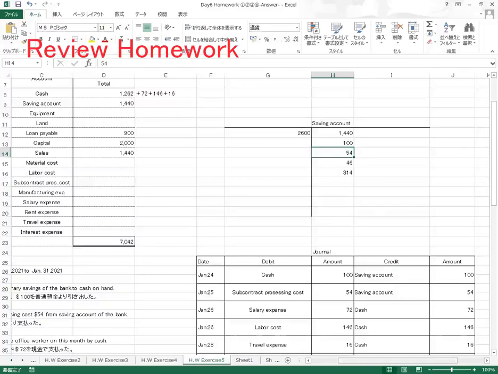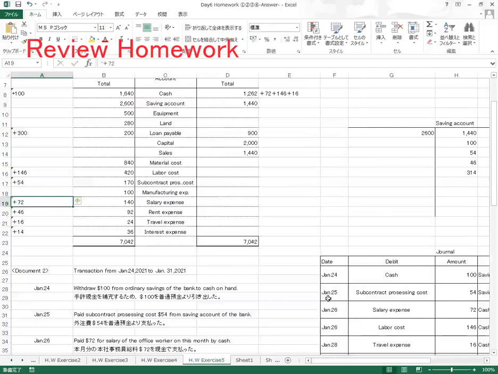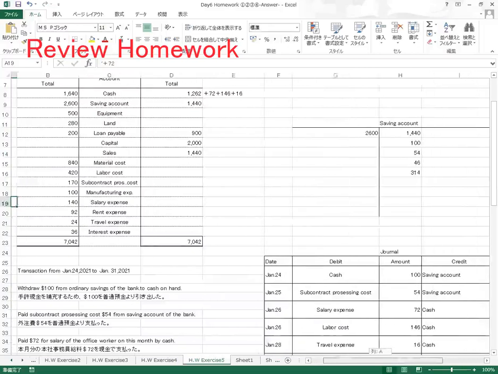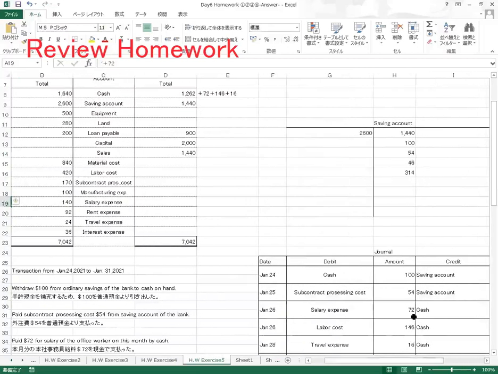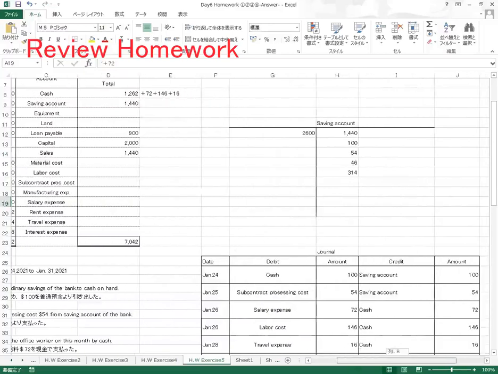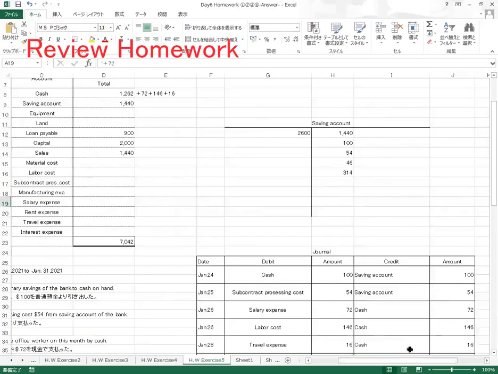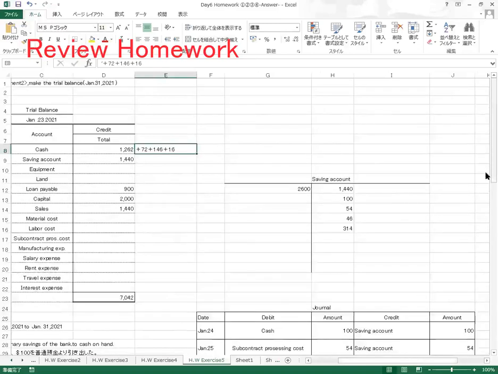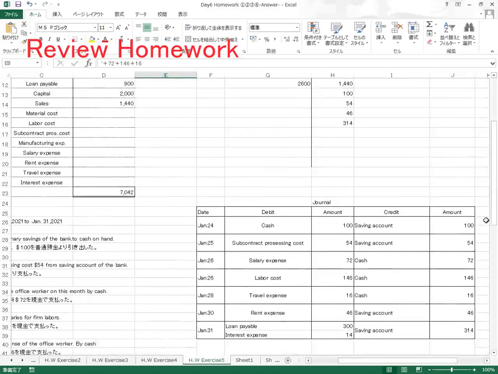Next, salary expense. Memorize the 72 at the debit side of salary expense, and then the salary expense is from cash, so add 72 to the cash credit side.